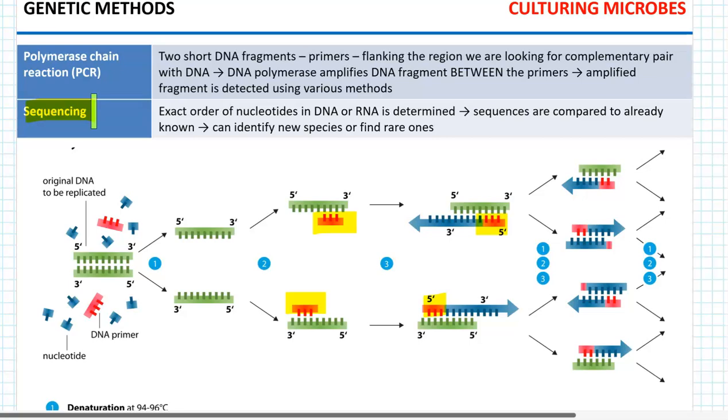So what is sequencing? You determine the sequence of all DNA or RNA in your sample, which is a blessing and a curse. Let's say I have a patient with some unusual disease, right? This is what happened in the beginning of the COVID pandemic in China. They had patients with typical pneumonia, they collected samples, and they sequenced all DNA and all RNA.